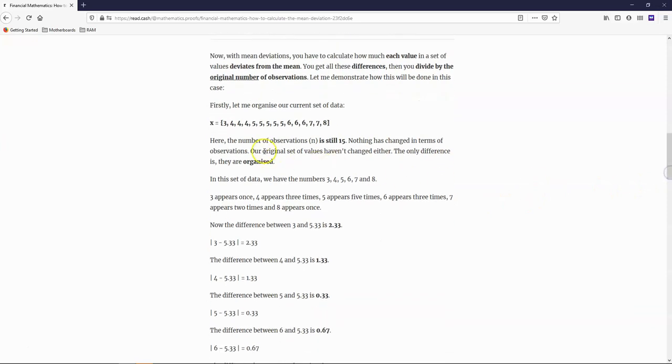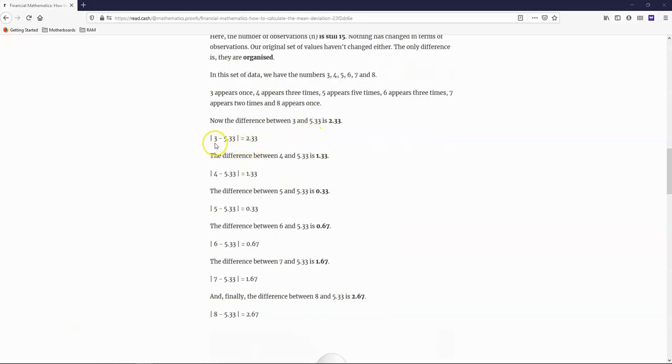We can see here that there is 3, 4, 5, 6, 7, and 8. What we're going to do is get the mean, which is 5.33, and see the difference between each of these values and that mean. And that is going to help us get the mean deviation.